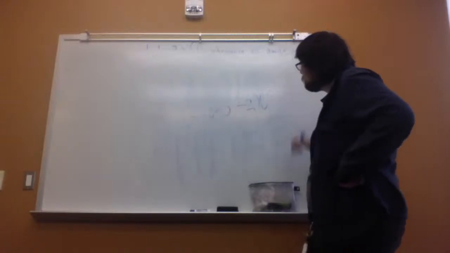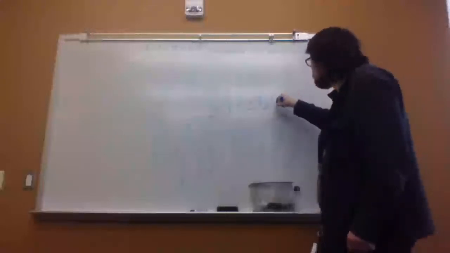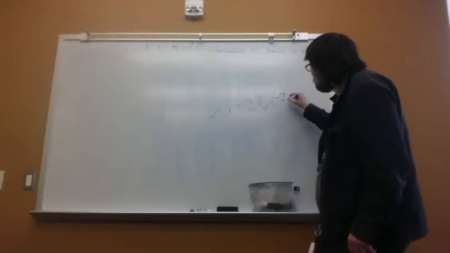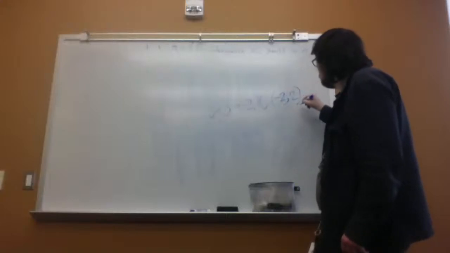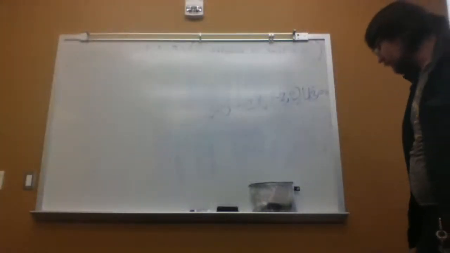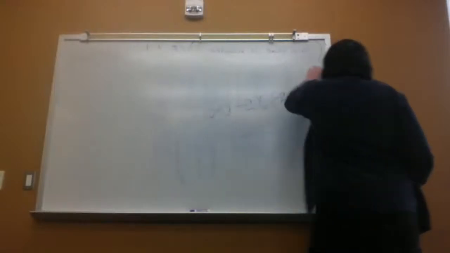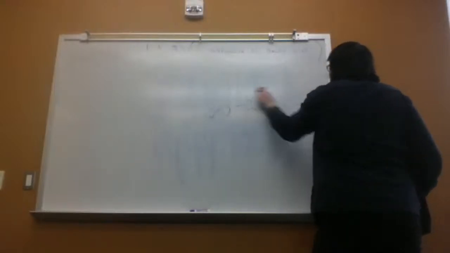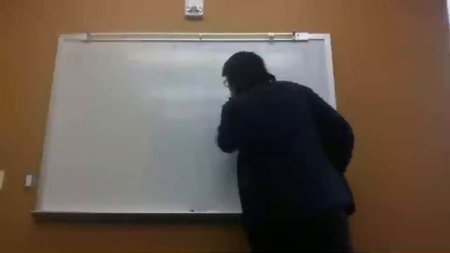Then we put a union symbol. Then it's all numbers between negative 2 and 2. Another union symbol, and then it's 2 to infinity. That's how we write the domain in function notation.